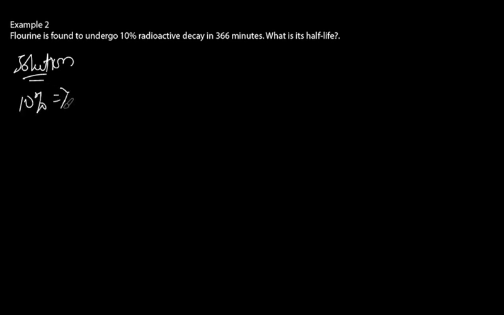So if the initial amount is 100, then the amount that is left right now, our N, will be 100 minus 10% of it, since we've lost 10%, so 10 divided by 100 times 100, which is simply 10.